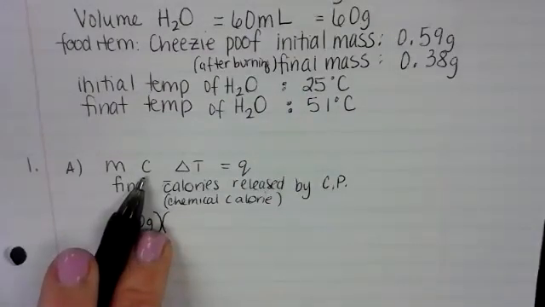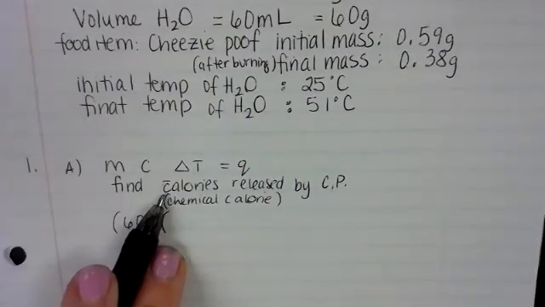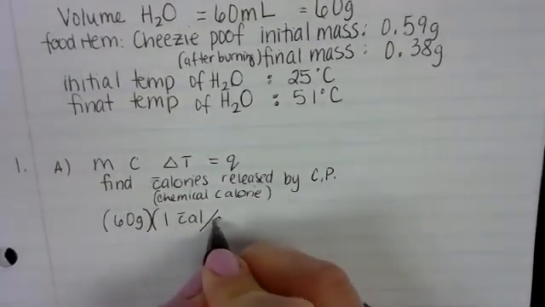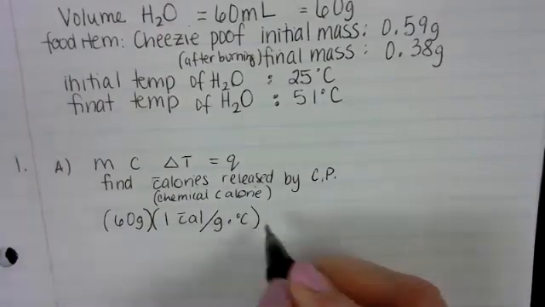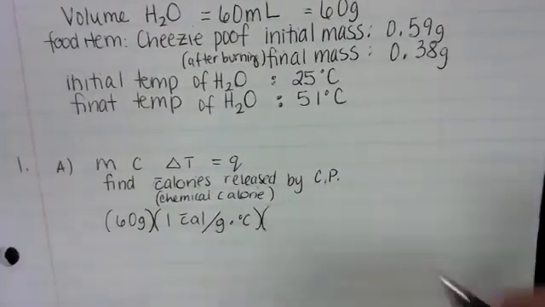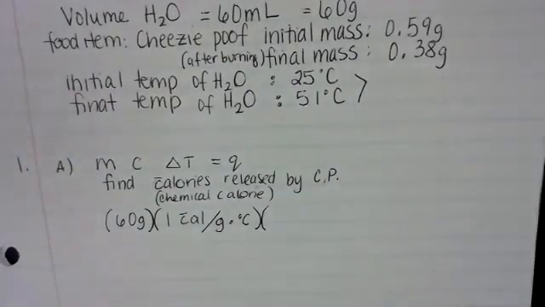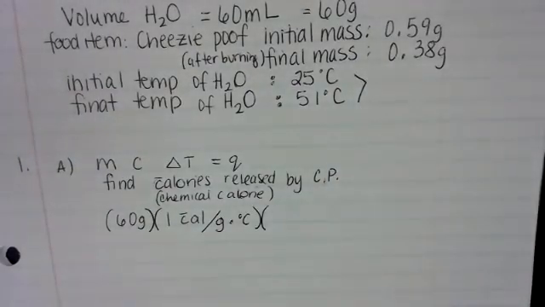Well, we need to now recognize which specific heat value should we use. We want to use the one that's in little c calories because that's what I've asked you to answer it in. That is 1 calorie per gram times degrees Celsius. And then the change of temperature, we take the difference here. So we have our calculator somewhere to be found.